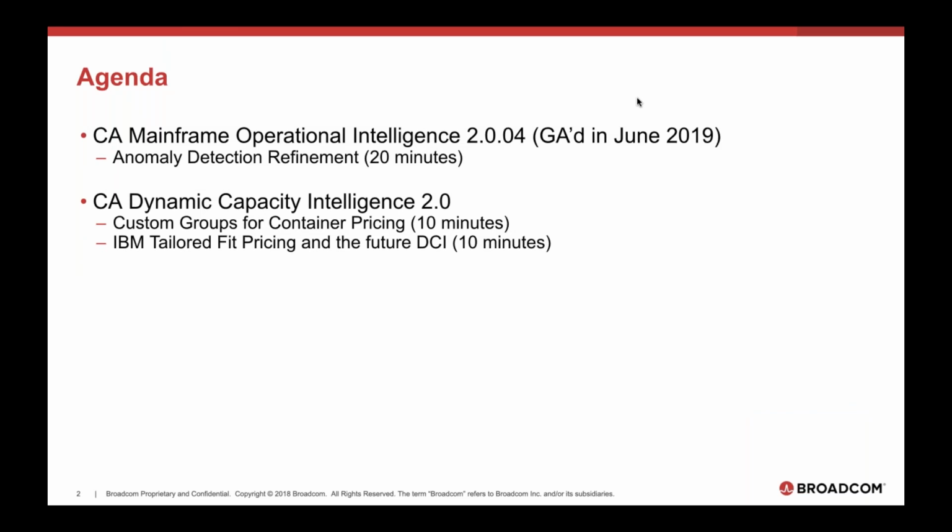We GA'd that feature in June of this year, and Michal Kramaric, product owner out of our Prague office, will be talking through that feature. And Hugo Banks, another product owner out of Prague, is the product owner for CA Dynamic Capacity Intelligence. He'll be talking us through customer groups for container pricing and IBM Tailor Fit Pricing and the future of DCI. So with that, I'm going to hand it over to Michal to talk about anomaly detection refinement.